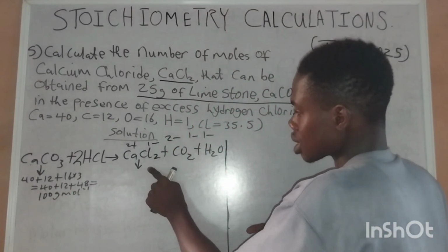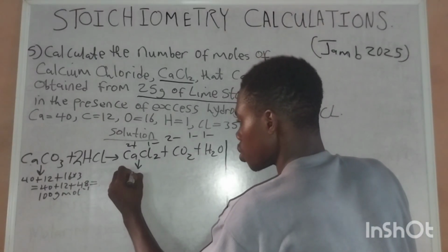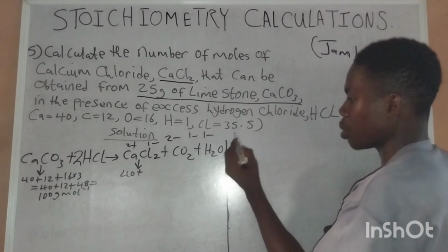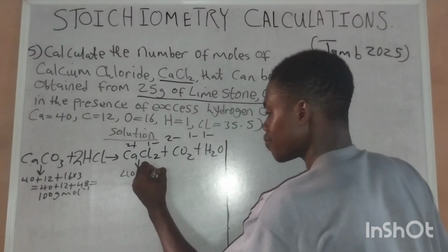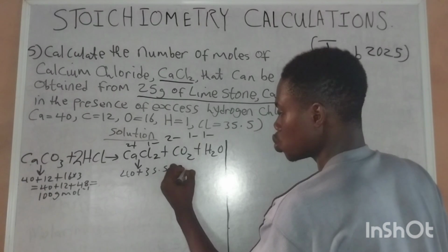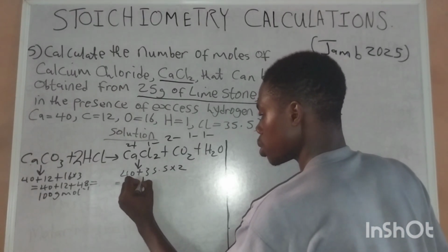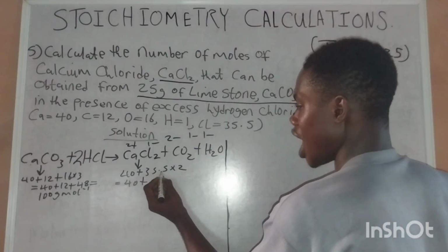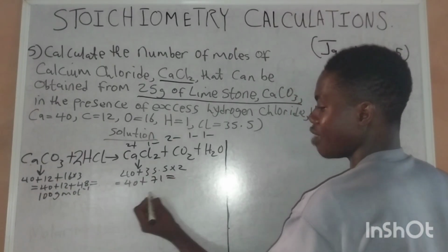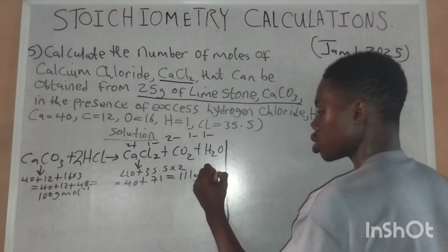Now, for the calcium chloride, it will be 40 plus, now chlorine is 35.5. They gave us 35.5 in the question. There's a 2 here, which is times 2. Everything is equal to 40 plus now 35.5 times 2 is 71. 71, so generally everything will be 111 grams per mole.